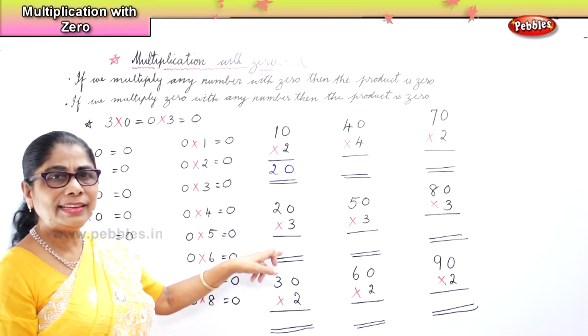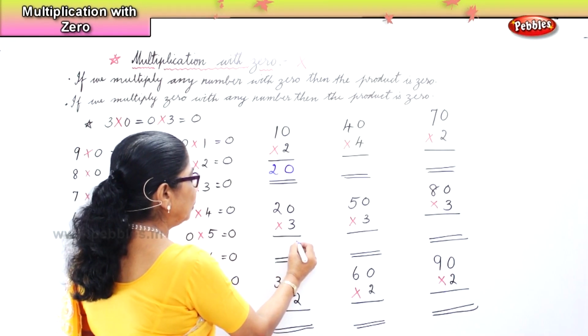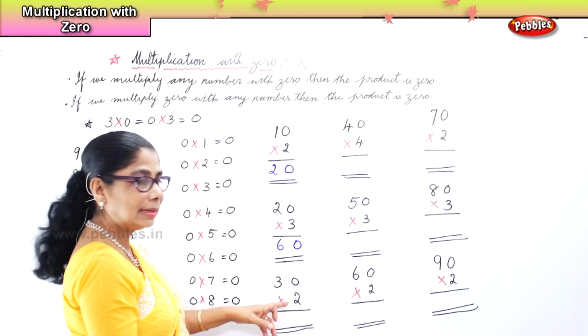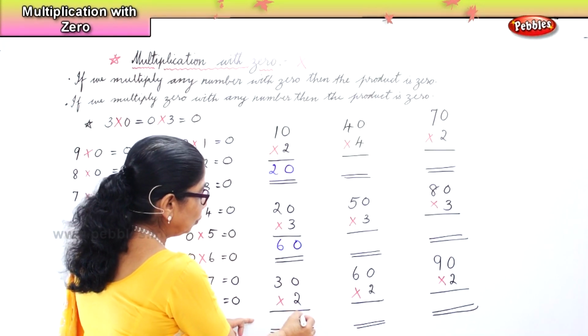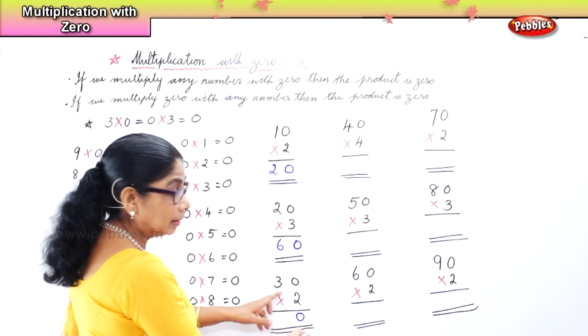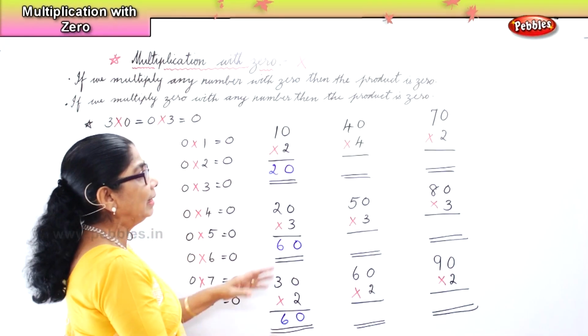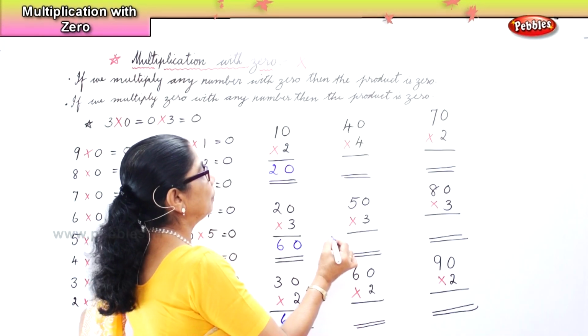Now, 20 into 3, 0 into 3 is 0, 2 threes are 6. Now, 30 into 2, 0 into 2 is 0, 3 twos are 6. Now you get it? Any number into 0, their product is 0.